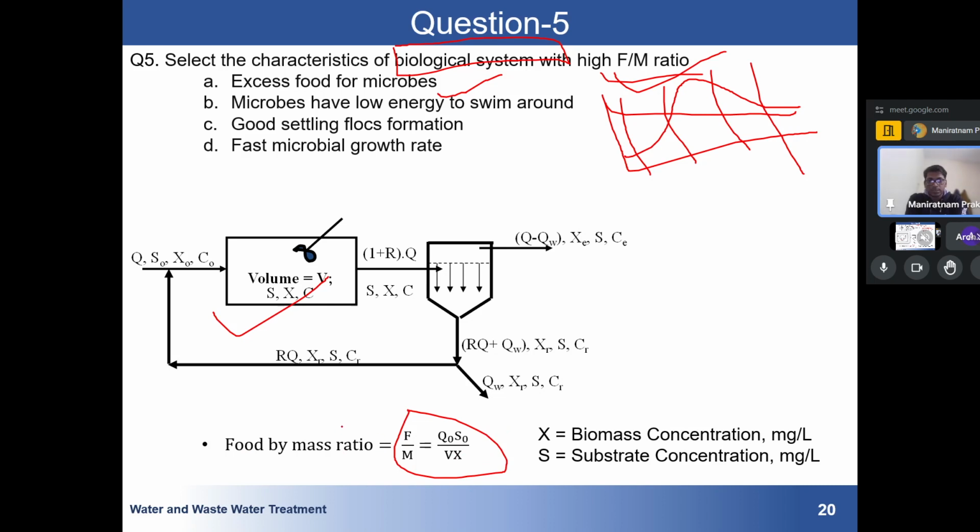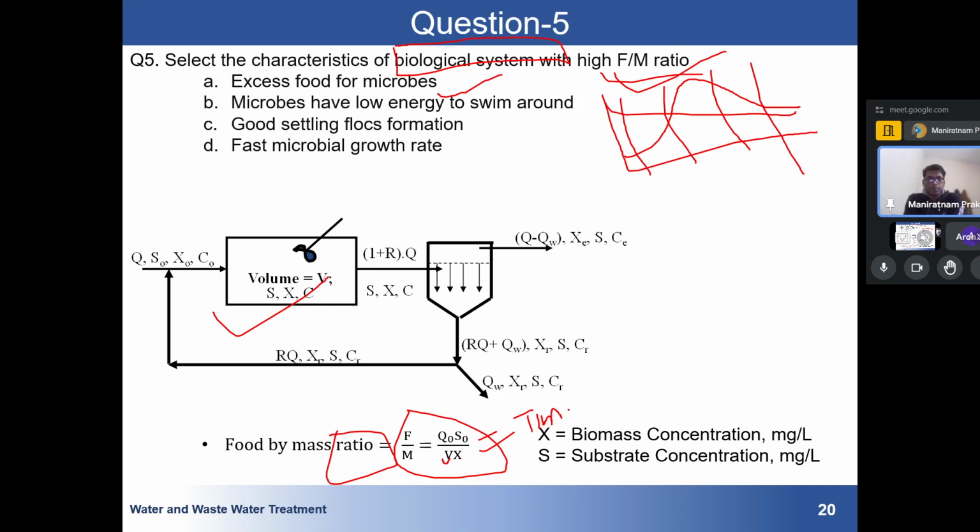Remember, this is a ratio, food by mass ratio, but it is not a unitless quantity. S naught has a unit of milligram per liter, X has a unit of milligram per liter, but Q has a unit of meter cube per second or meter cube per day, that is, volume by time, and V has a unit of volume. So the overall unit of food by mass ratio is time inverse.